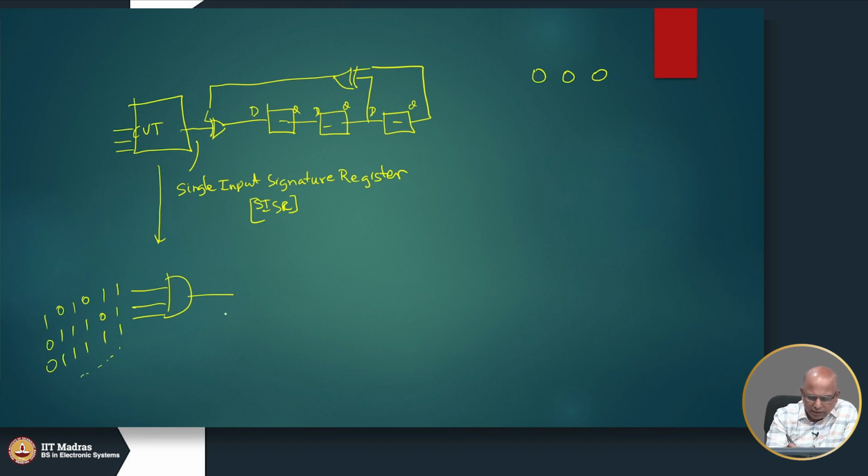So, a good AND gate will produce 1 0 0 1 0 0, and so on. This is the output of a good AND gate.